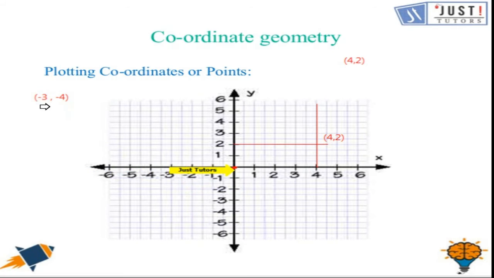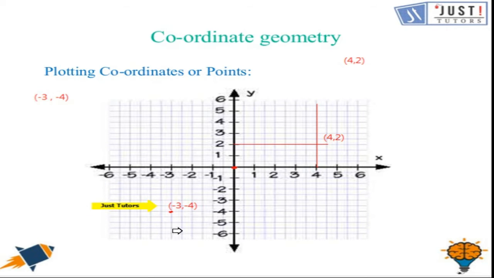So first we'll move 3 units to the left, 1, 2, 3. Then we'll go 4 units down, that is 1, 2, 3, 4. So this point will be plotted here. I'll mark it. There we go, the final answer should look like this.